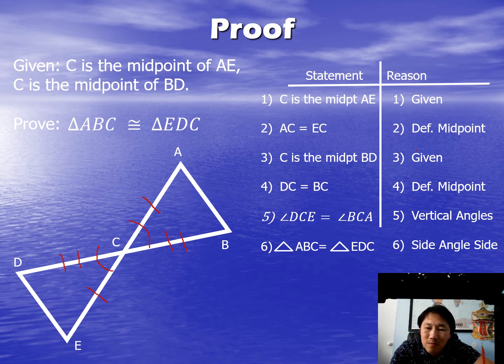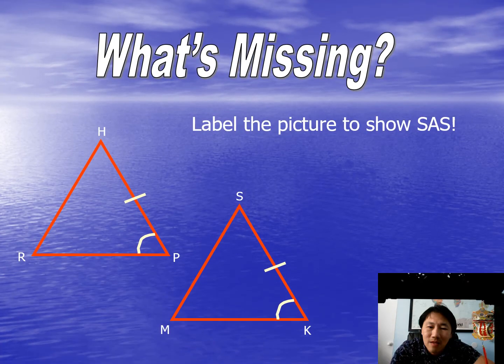All right, one more slide to go. This last one's kind of easy. It's asking you what's missing. Label the picture to show side, angle, side. All right, so right now we have one angle and one side. We have one angle and one side.